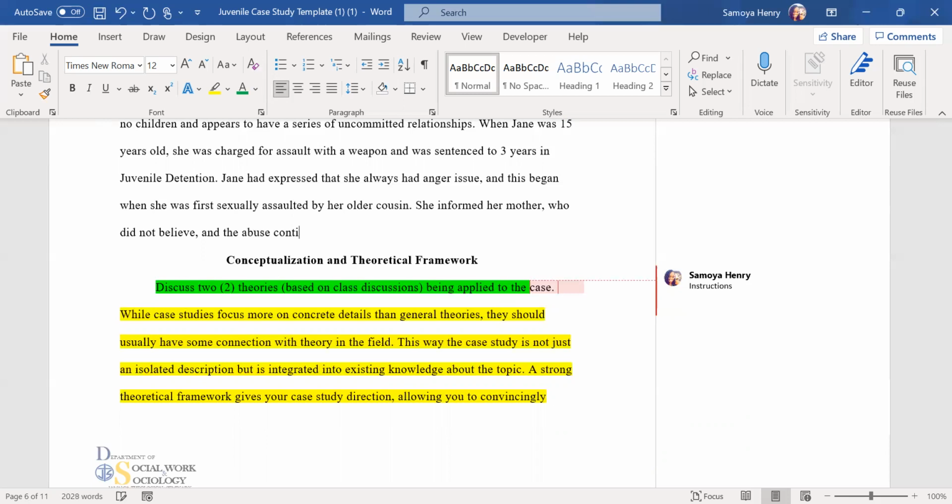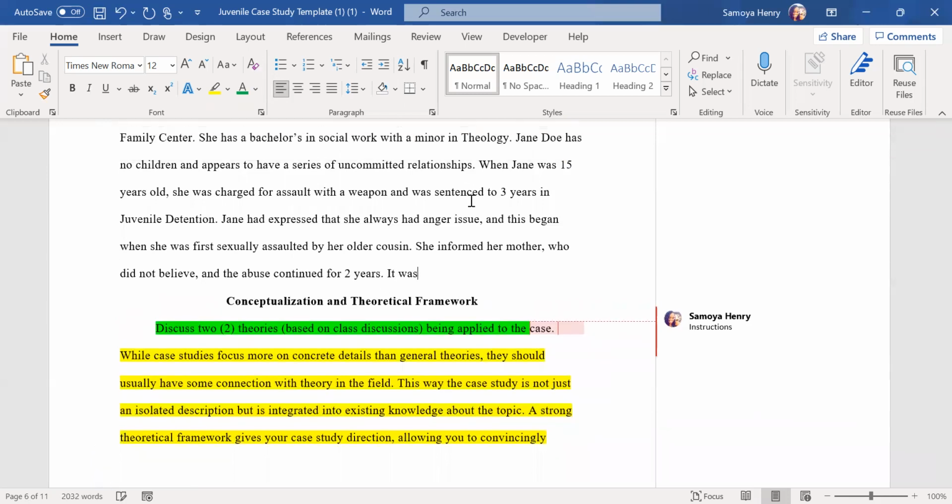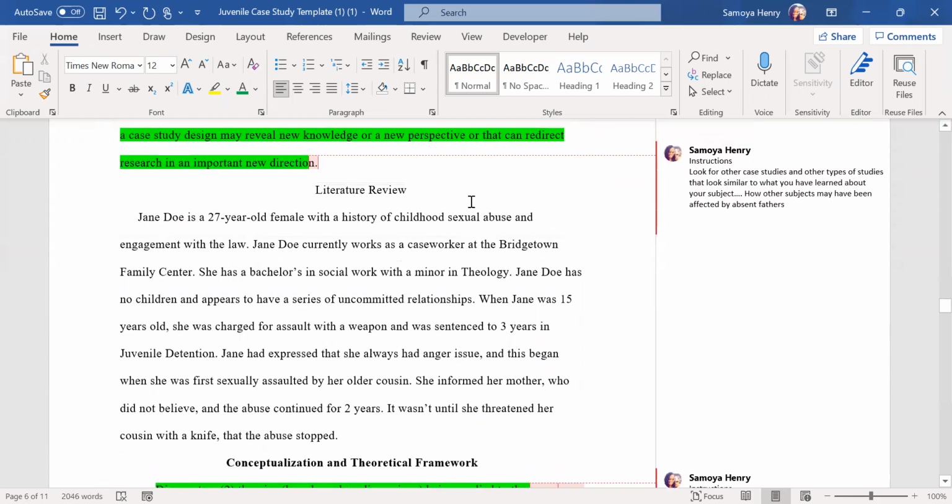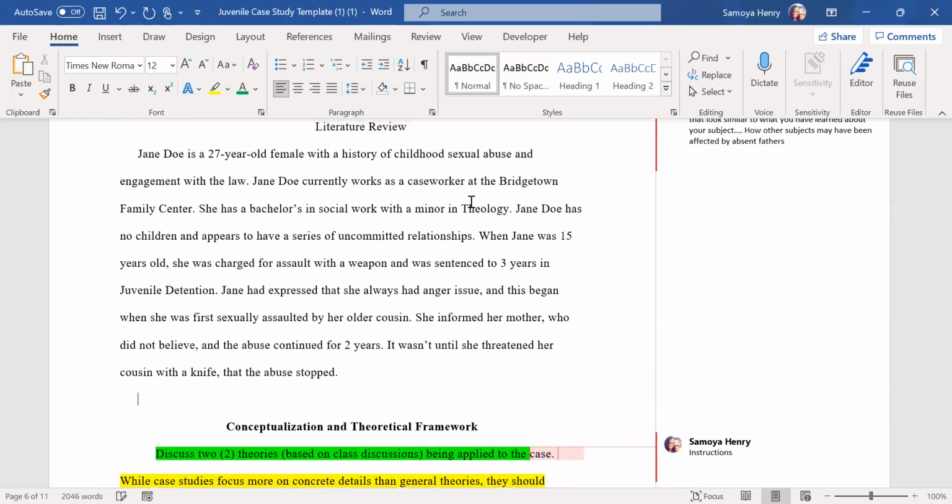The abuse continued for 2 years. It wasn't until she threatened her cousin with a knife that the abuse stopped. So I've given a little overview of the case in the literature review, right?